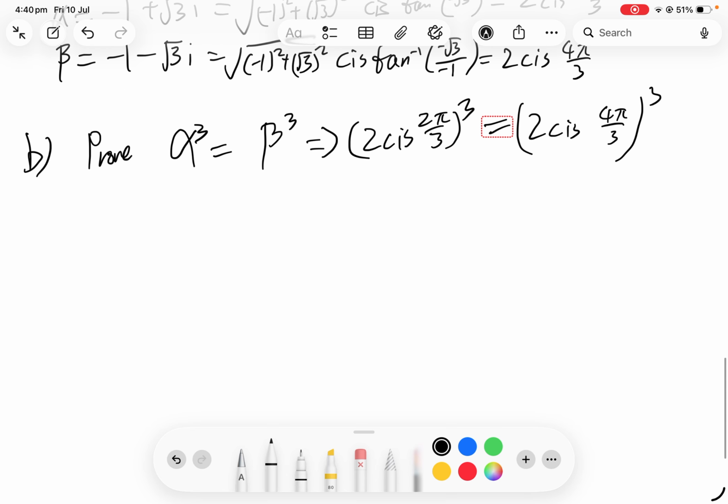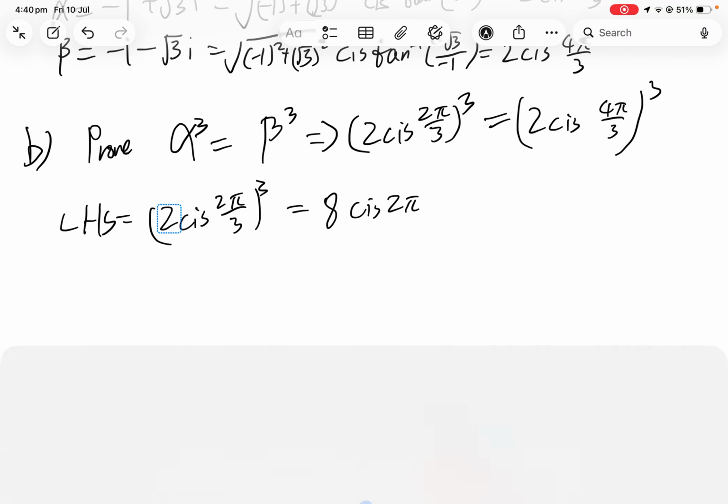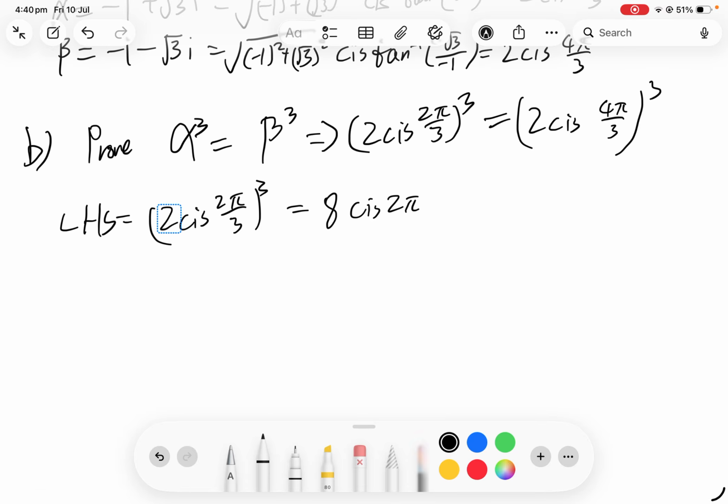Okay. Let's do left hand side equals 2 cis 2 pi on 3 cubed, which equals 8 cis 2 pi, which is going 360 degrees.